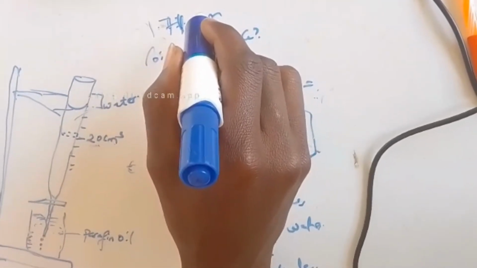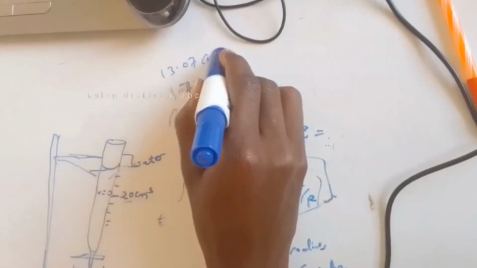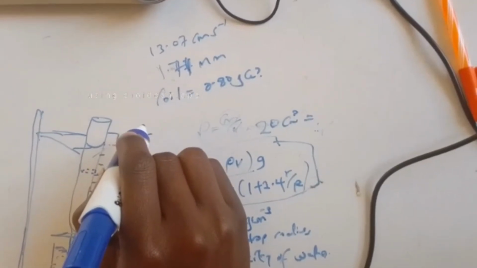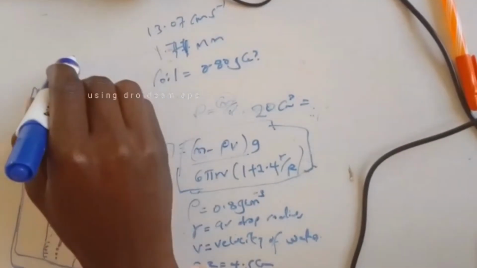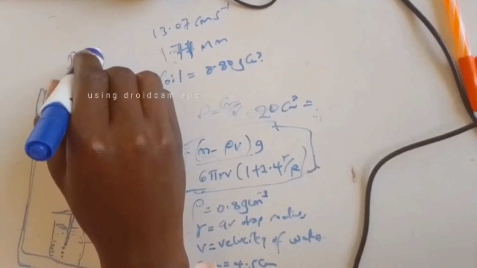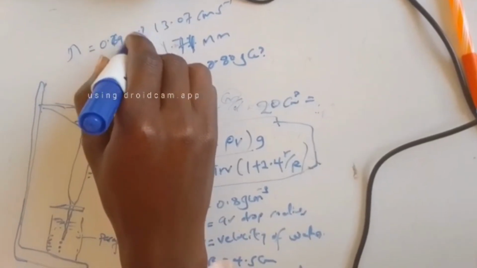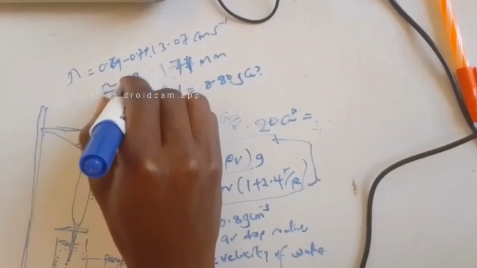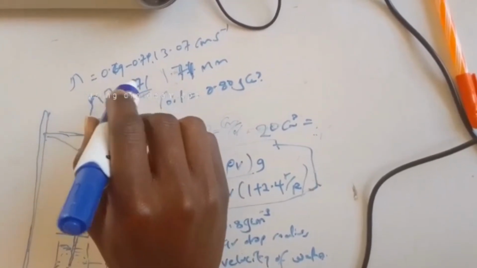Then your terminal velocity should be 13.07 centimeters per second. And after all, ensure that your coefficient is ranging between, let me say, 0.692 and 0.74. But actually mine I got as 0.71. This was my eta, the coefficient from Stoke's law.